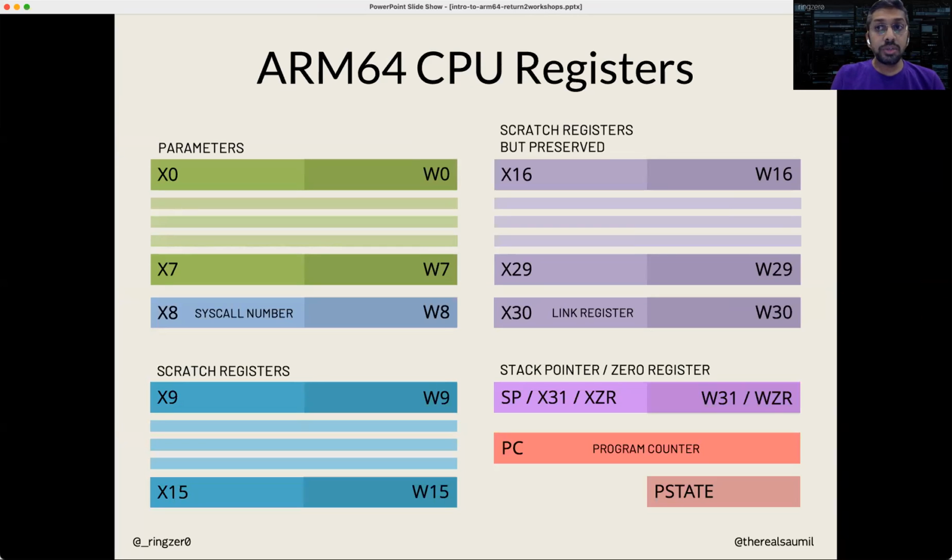Interestingly enough, you can also refer to them as R0 through R31, just like what you did on the 32-bit ARM CPUs. But in this case, it is preferred to use X0 because we do not want to confuse ourselves with whether it's 32 bits or 64 bits. Both X0 through X31 and R0 through R31 refer to 64 bits width.